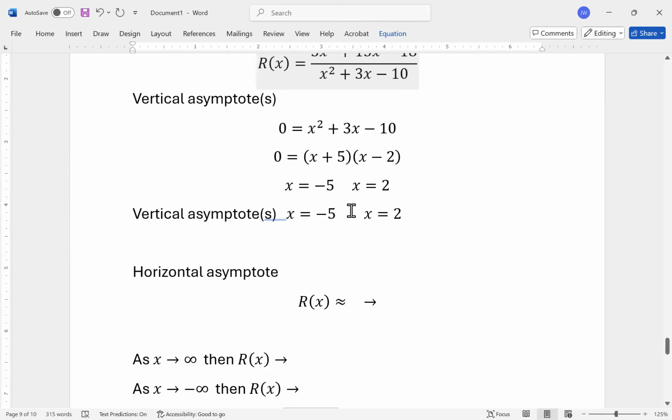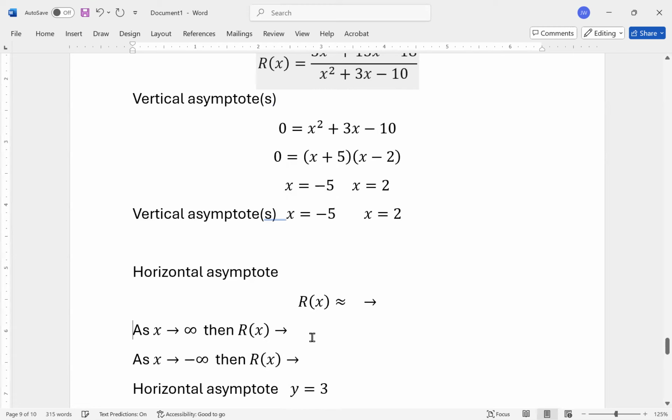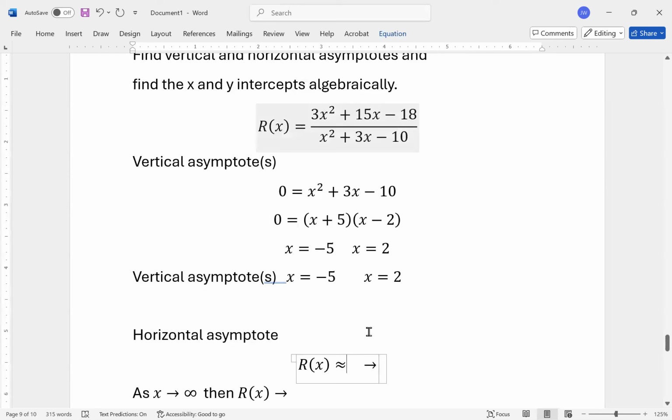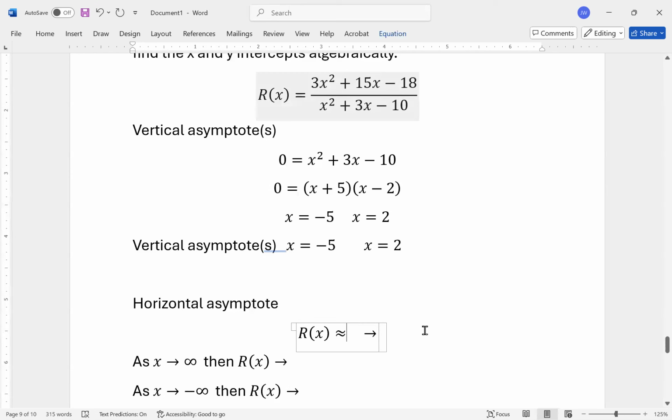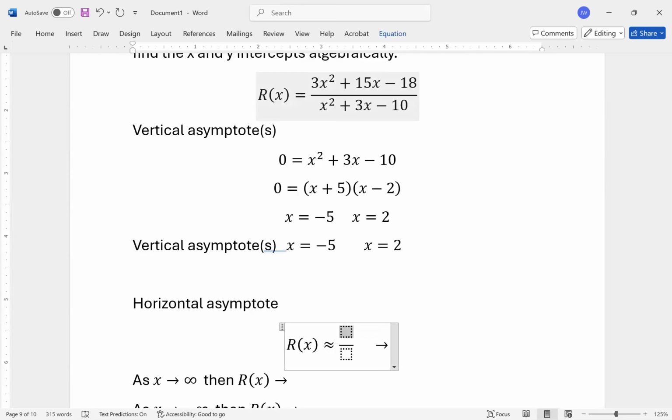Again, usually what I think when I do that is I say as x gets really, really big, this rational function is going to be dominated by the fastest type of growth on top versus the fastest type of growth on bottom. And when you simplify that, that becomes a 3.